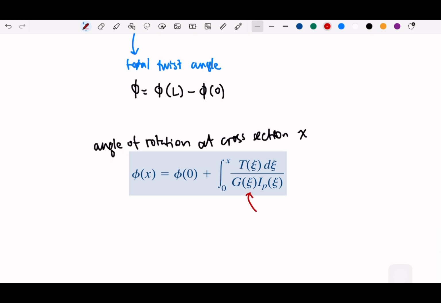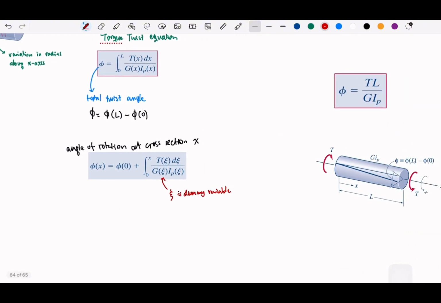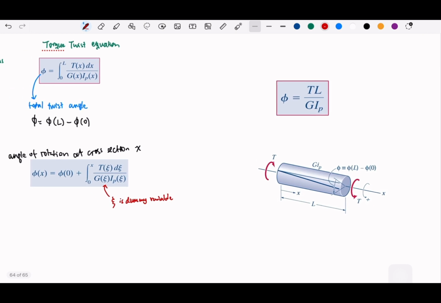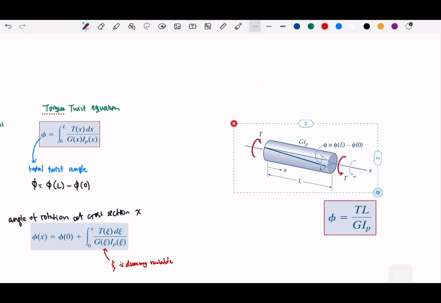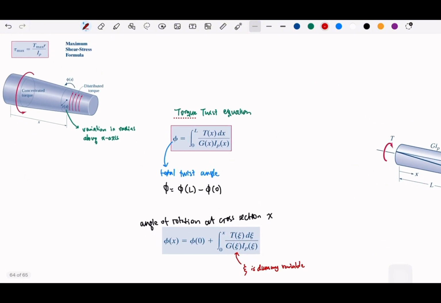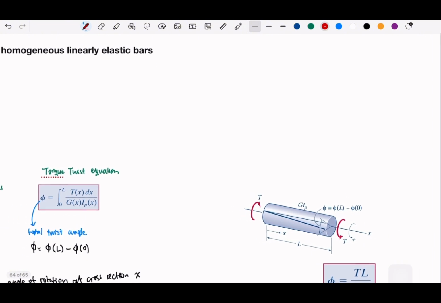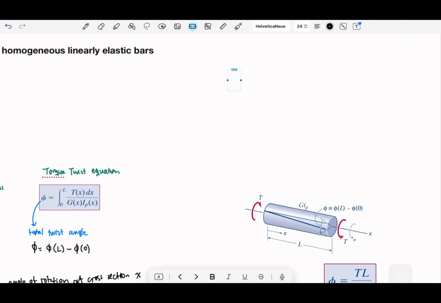So this is a dummy variable, to help work with these integrations for locating the cross-sections between 0 and X. So in summary, if we have different variation in radius, we can evaluate, but with another integration for the radius itself.